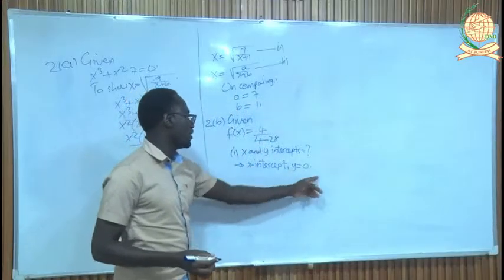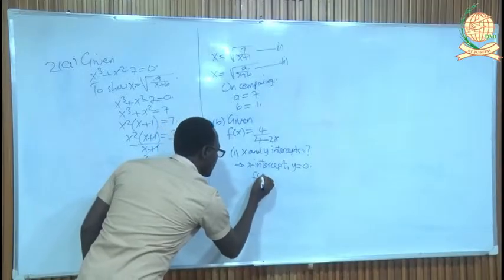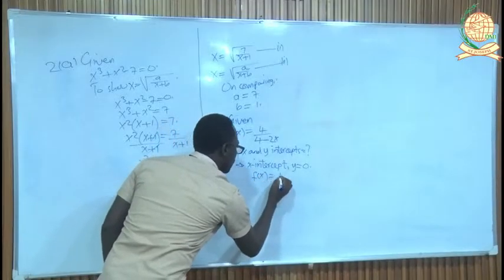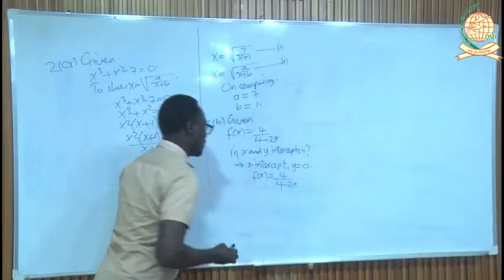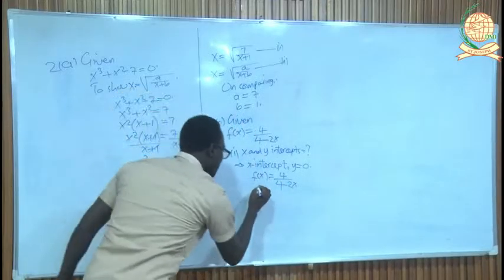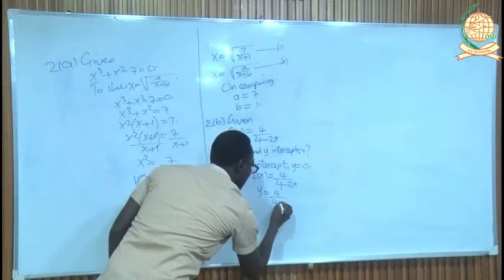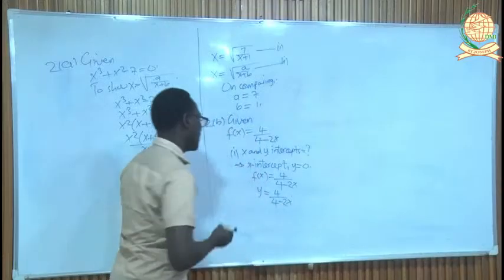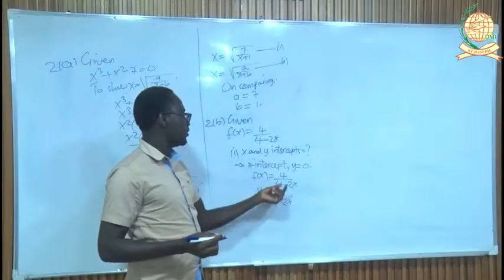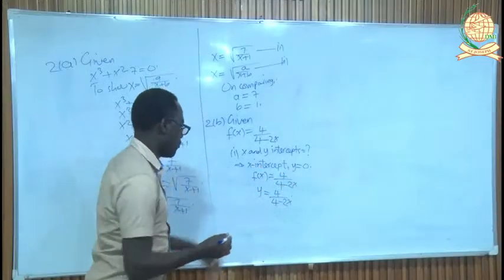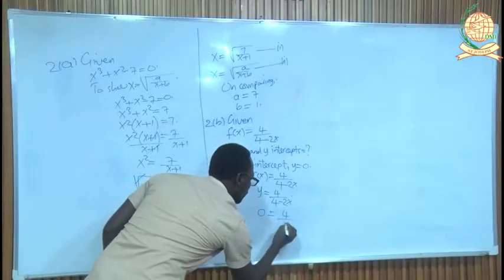Now from the function f(x) equals 4 over 4 minus 2x, f(x) is the same as y, so y equals 4 over 4 minus 2x. Now as I said, to get the x-intercept, I will put y equal to 0. Now 0 will be equal to 4 over 4 minus 2x.